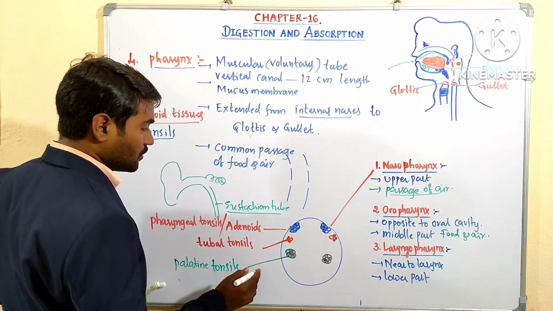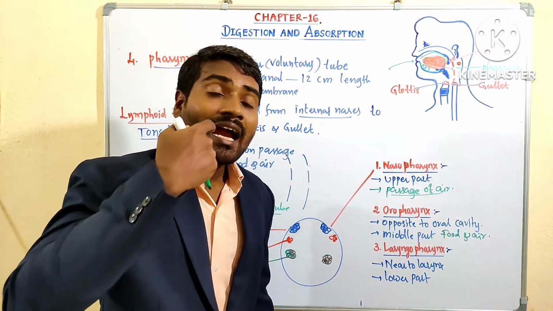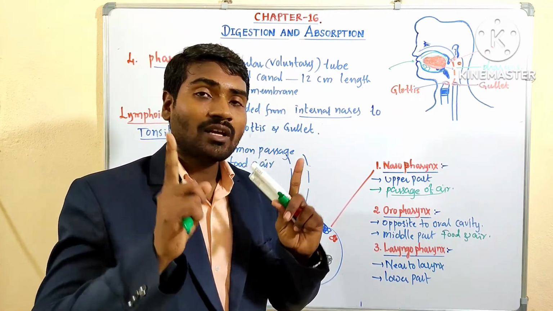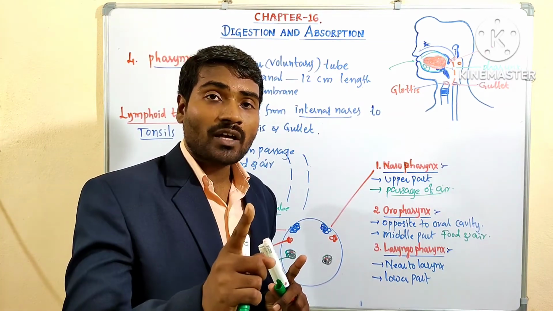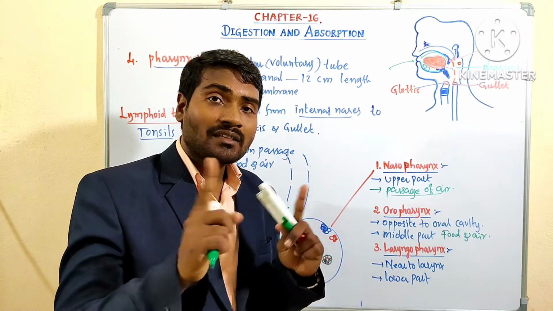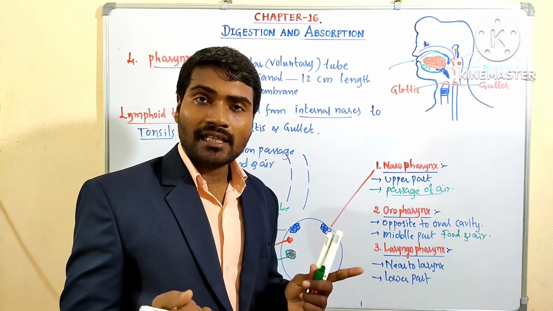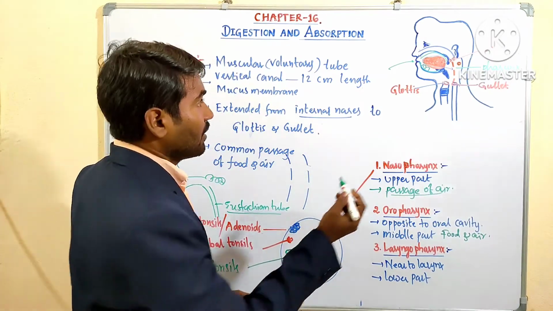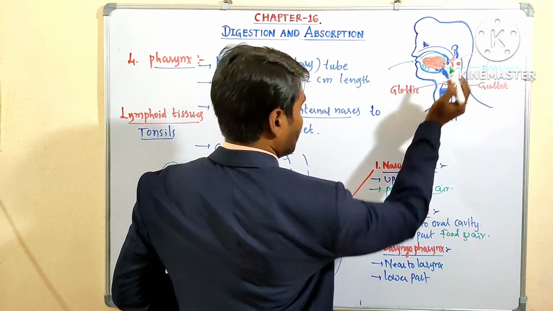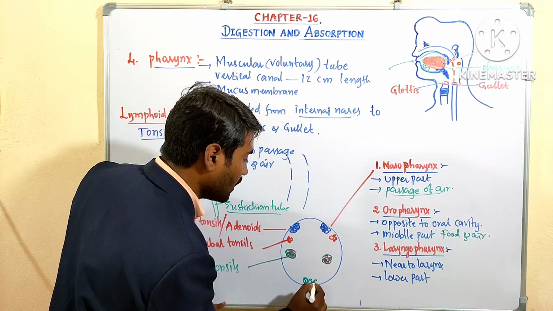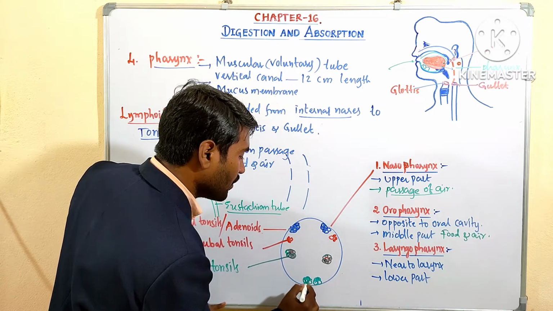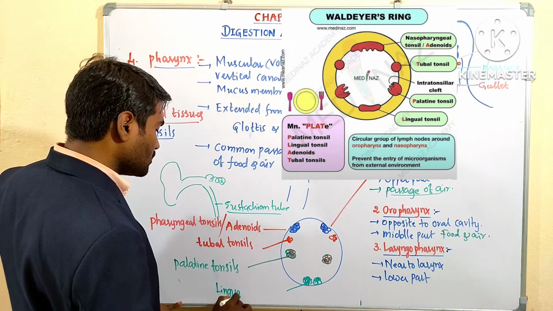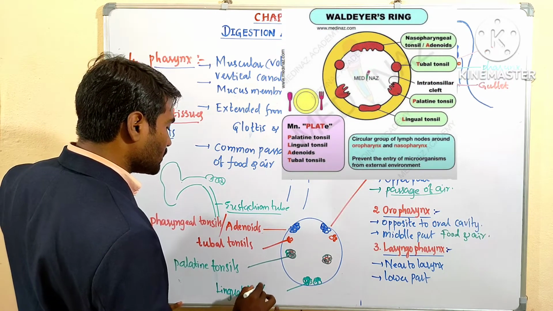Palatine tonsils are present at the base of the soft palate, adjacent to the soft palate, on the sides of the soft palate. Which type of tonsils are present at the lateral side of the palate? Palatine tonsils. Even at the base of the tongue, I will draw here, special types of lymphoid tissues are present. These are called lingual tonsils.